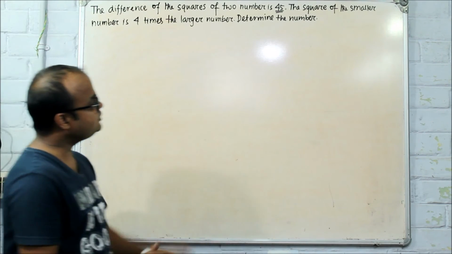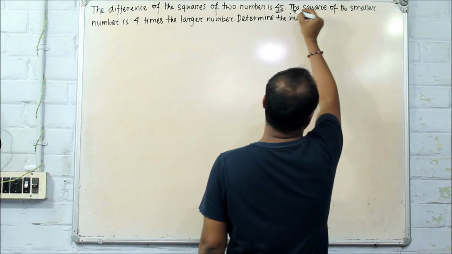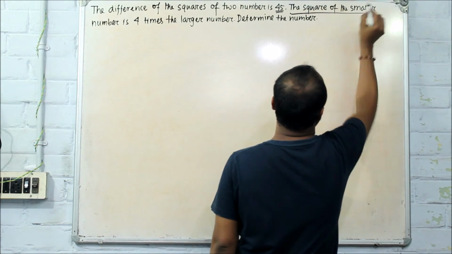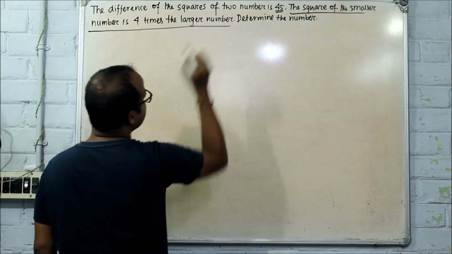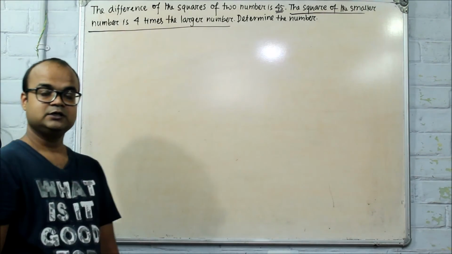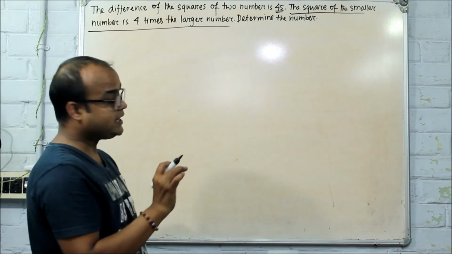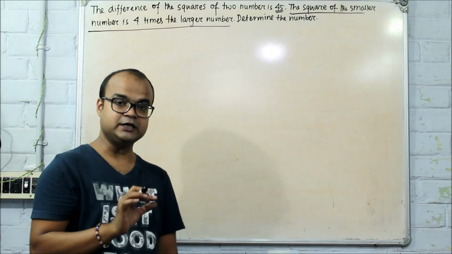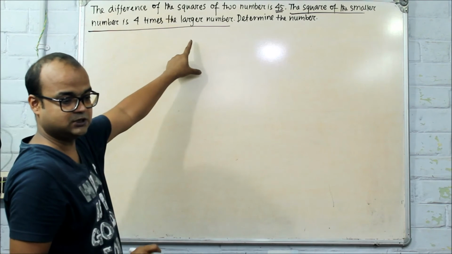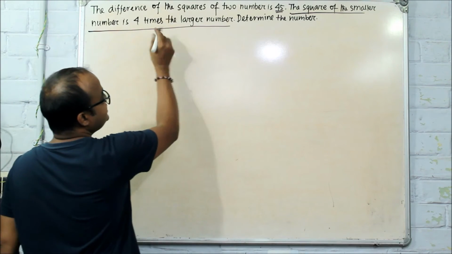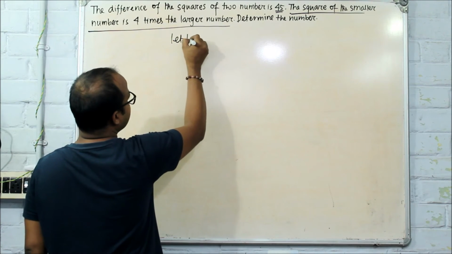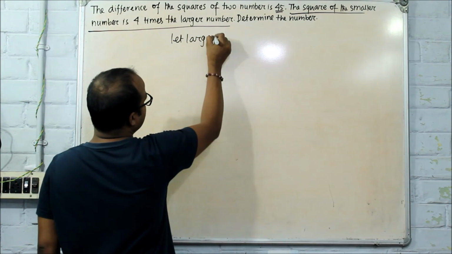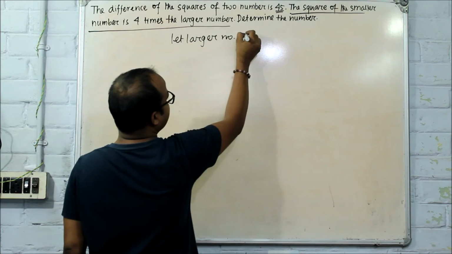The information about the smaller number is given as the square of the smaller number is 4 times the larger number. So we consider the larger number as x. Let the larger number be x.